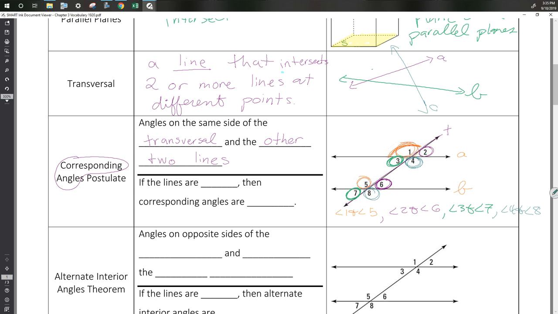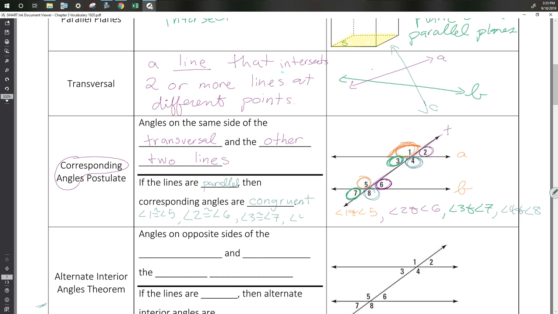Now, if the lines are parallel, so if line A was parallel to line B, then we would know that all of those corresponding angles are congruent. So we would know angle 1 is congruent to angle 5 if the lines are parallel. Angle 2 is congruent to angle 6 if the lines are parallel. Angle 3 is congruent to angle 7 if the lines are parallel.